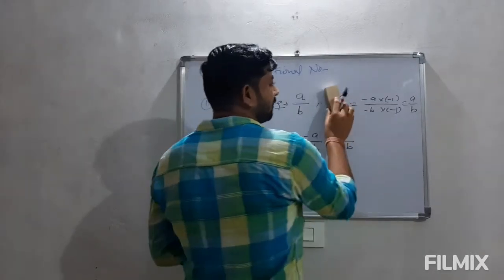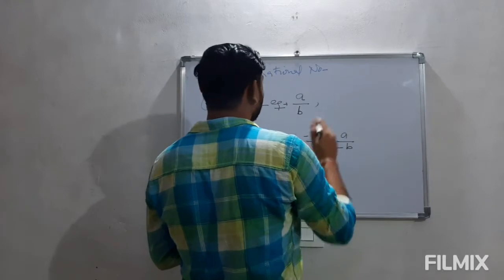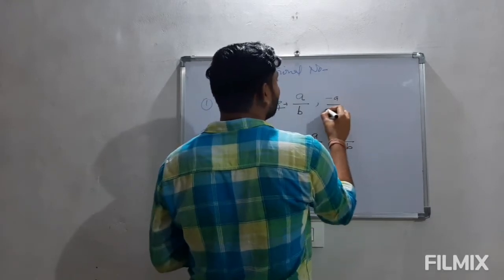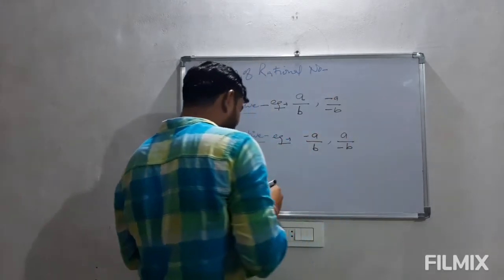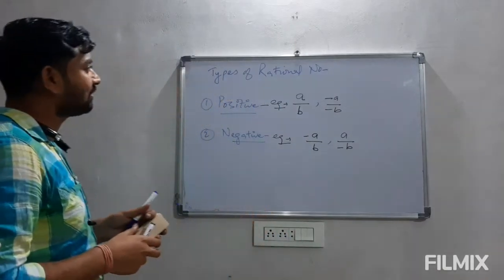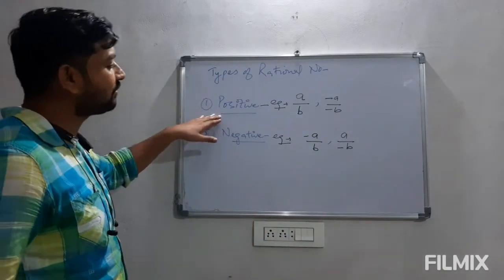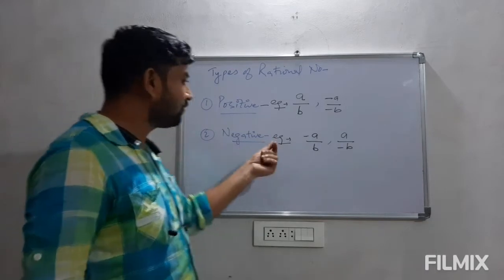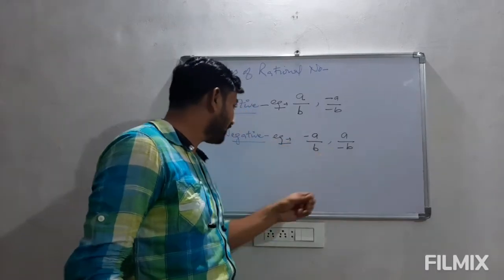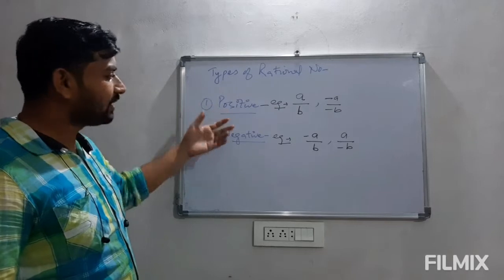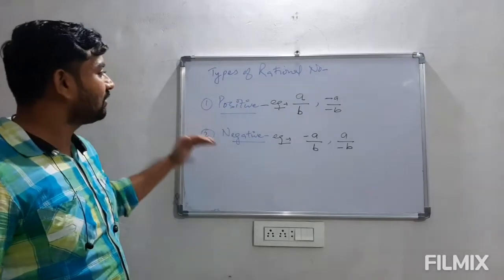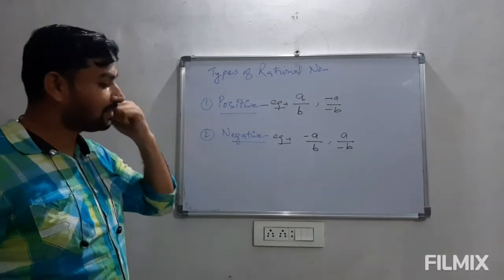So if both the numerator and denominator are positive or both are negative, then such a rational number is called a positive rational number. And if one of the numerator and denominator is negative, we call it a negative rational number. So these are the basic types, that is positive and negative.